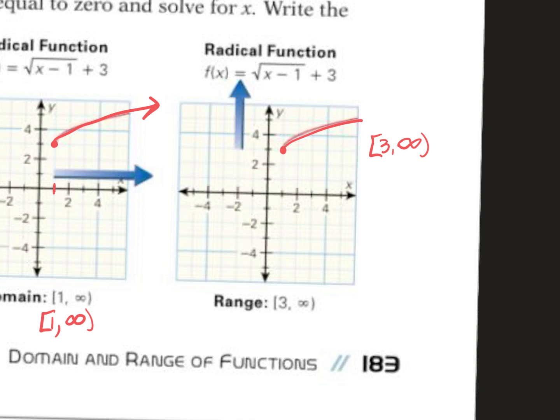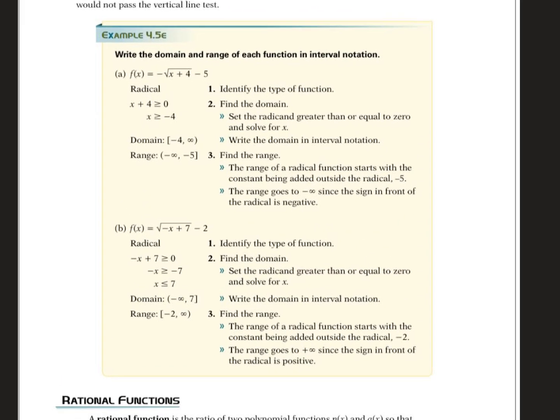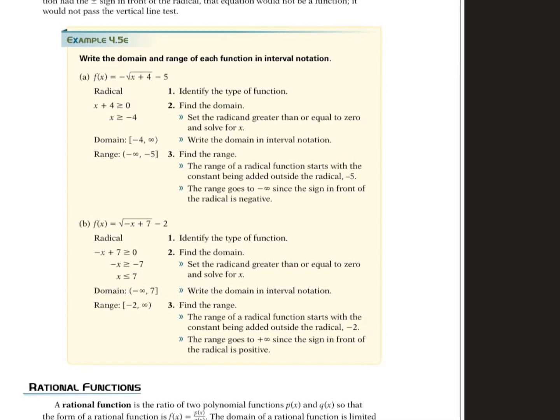All right, we good here? So then looking at the function, to find the domain, you want to take what's inside the square root and set it greater than or equal to 0, because it has to be greater than or equal to 0.